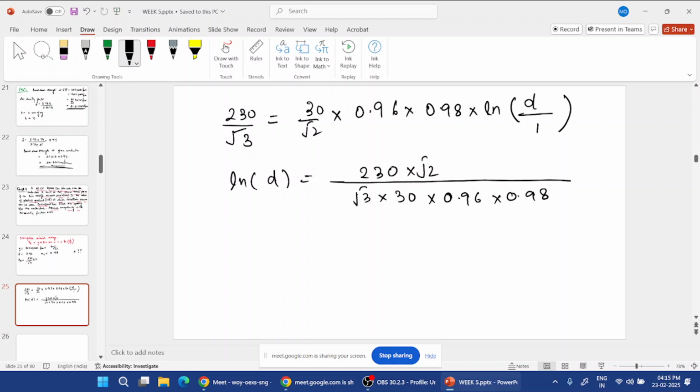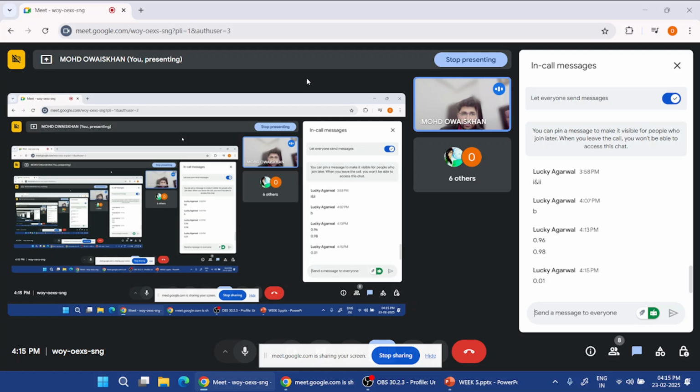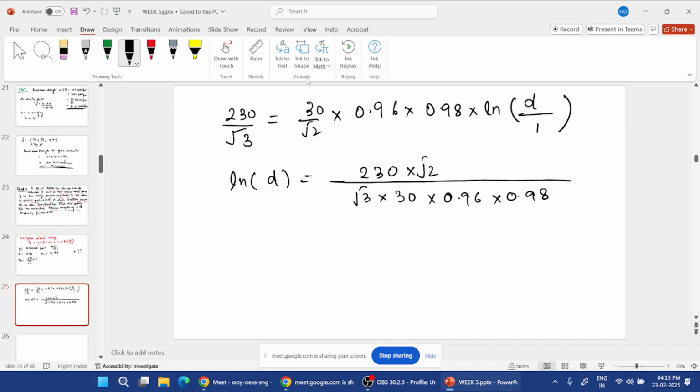So I will first calculate this for you. Root 3 into 30 into 0.96 into 0.98 comes out to be 48.88. 230 into root 2 is 325.26, divided by 48.88, and it comes out to be 6.65.